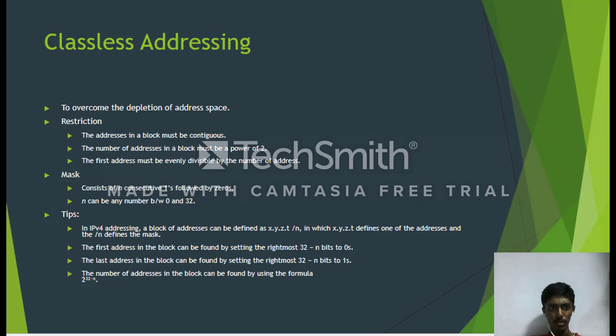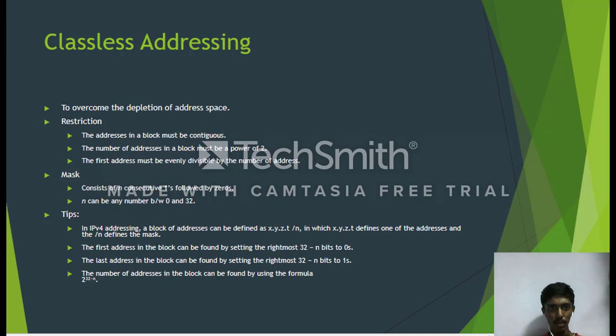Next, we would like to talk about the mask. A mask consists of n consecutive ones followed by zeros. n can be any number between 0 and 32. Also, there is a tip in IPv4 addressing. A block of addresses can be defined as x.y.z.t/n, in which x.y.z.t defines one of the addresses and /n defines the mask.